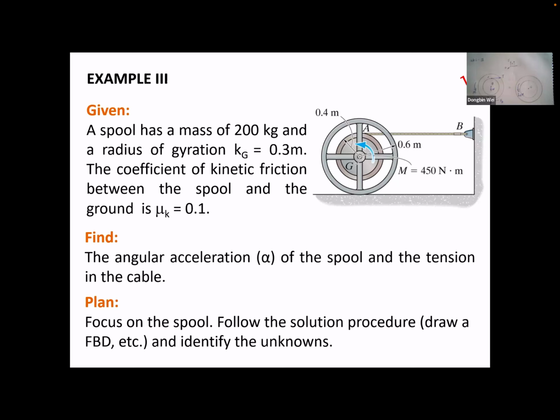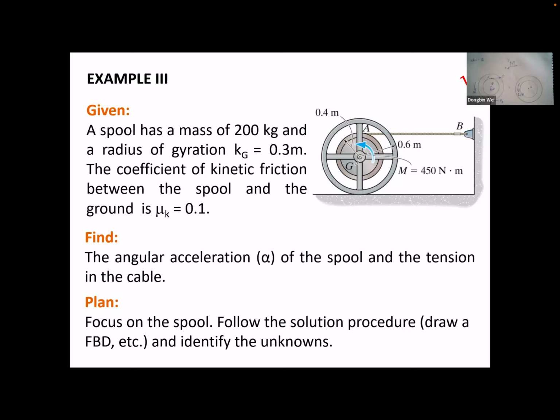The IC point in this problem should be point A. Why? Because we can normally assume no slipping between the cord AB and this inner hub of the spool.